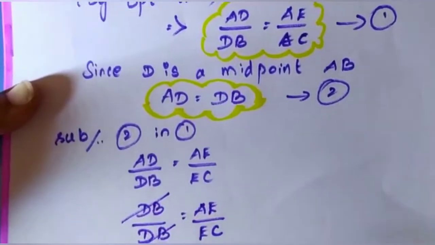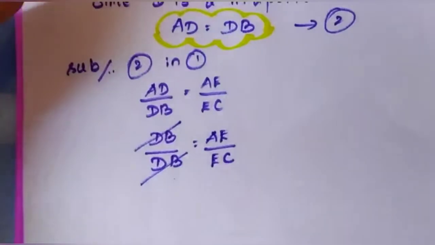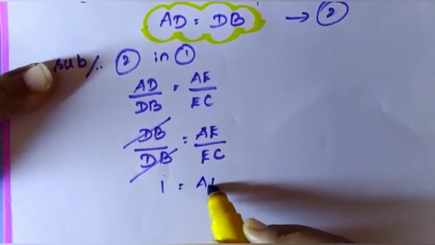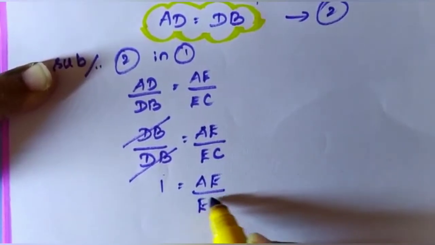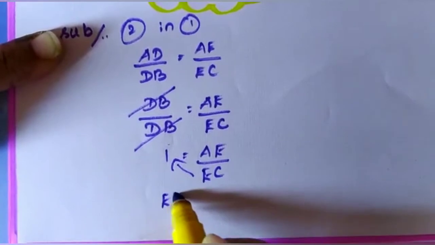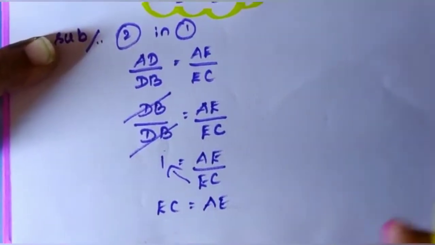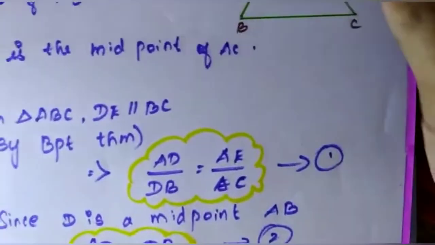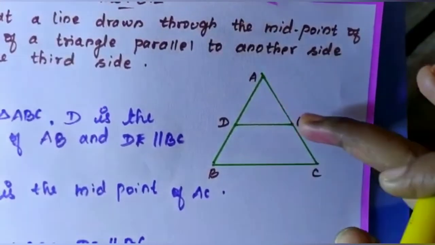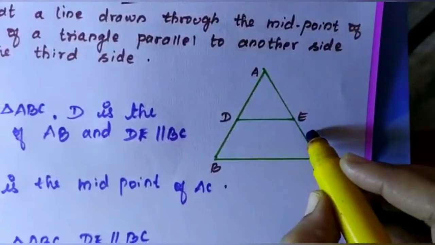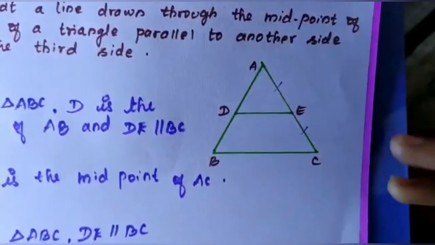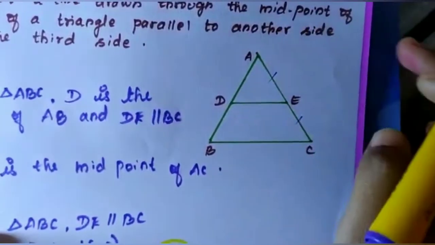We can cancel DB, and then we can write that 1 is equal to AE divided by EC. So EC is equal to AE. Both the sides are equal, so I can tell that E is the midpoint of the side AC.